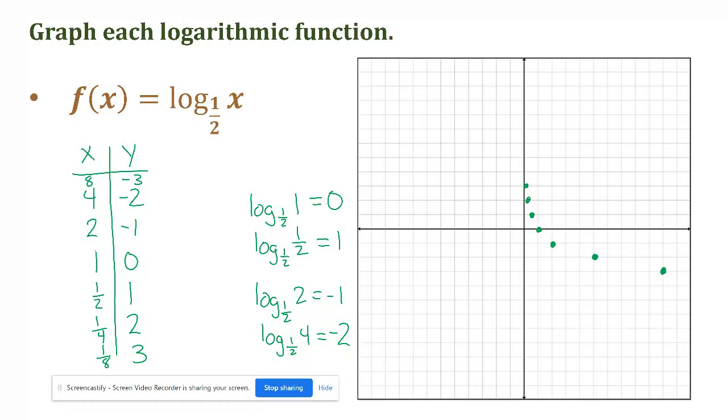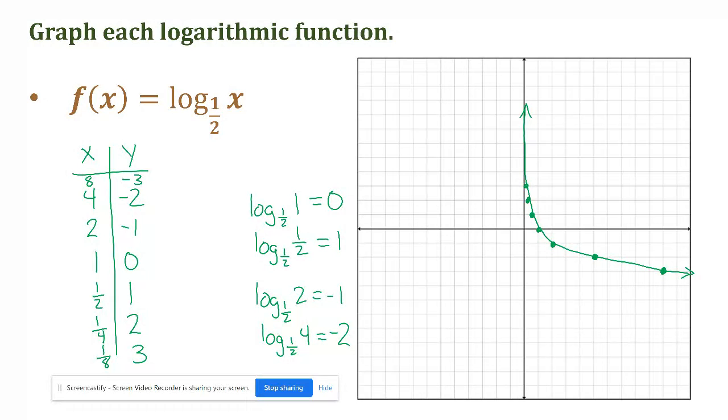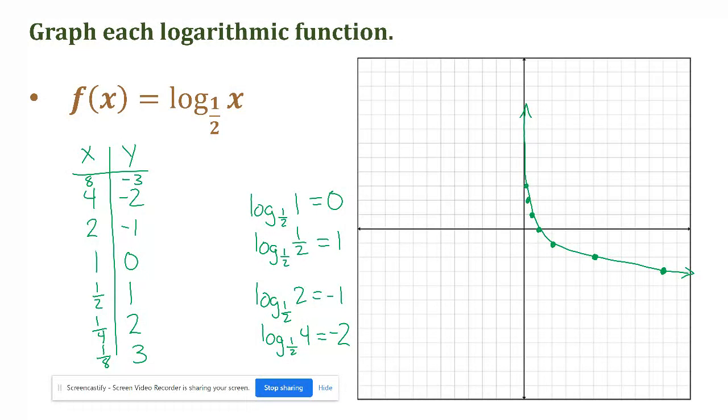And just as before, the y-axis acts as a vertical asymptote. And we end up with, when we take the reciprocal of the base here, a reflection of our original function, a reflection over the x-axis. So that's what that's going to look like.